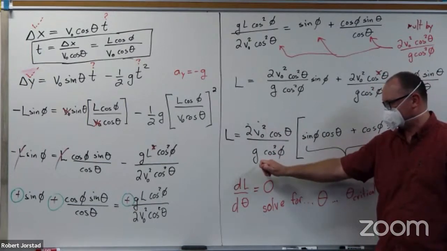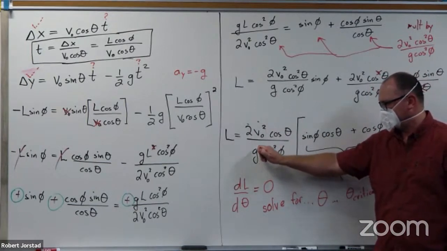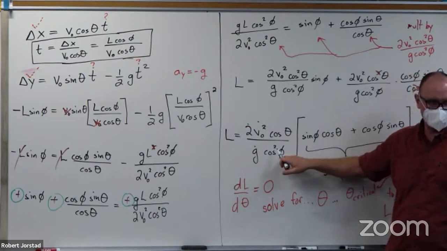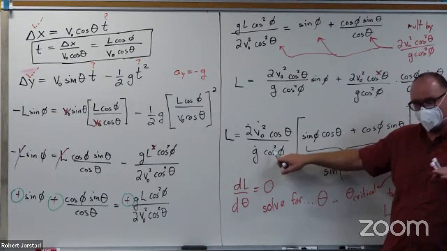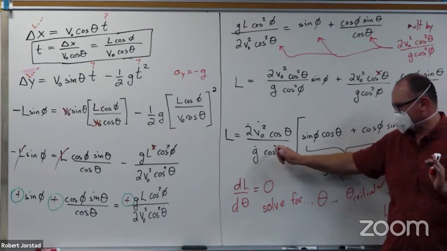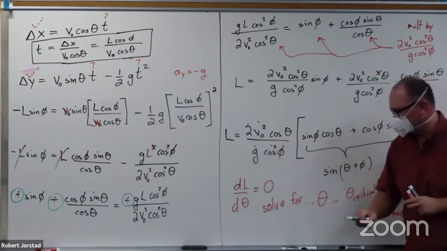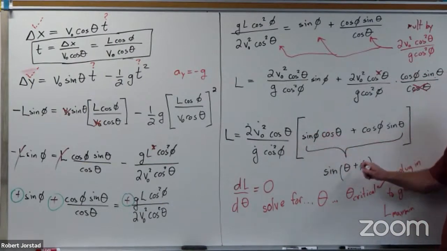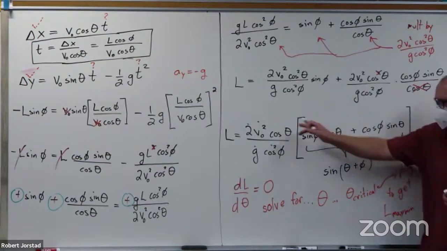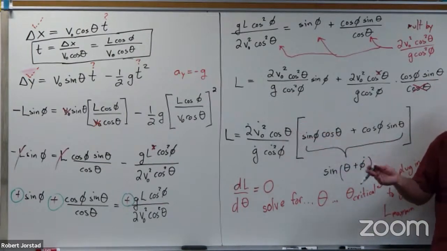Is G a constant? Yes. What is phi? What did phi mean in our problem? Angle of the mountain. Are we going to be changing an entire mountain slope? Not unless we're really, really rich. Bezos can do that if he wants, all right? Theta is what we're changing, right? How about this? Constant. Everything's constant except for just 2 terms. This is not nearly as bad as it looks.